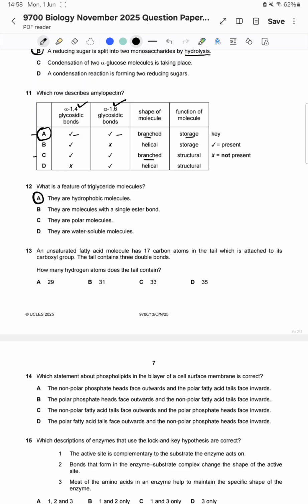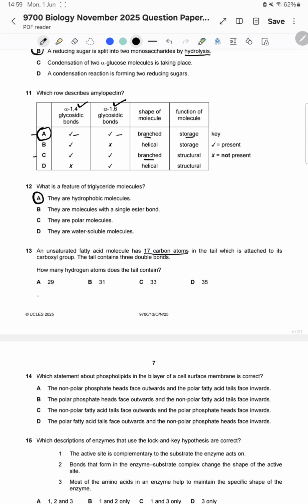All right, moving on. An unsaturated fatty acid molecule has 17 carbon atoms in the tail, which is attached to its carboxyl group. The tail contains 3 double bonds. How many hydrogen atoms does the tail contain? Now, this is more like a mathematical question. I think one should do it practically over here. How many carbons are there in the tail? 17.